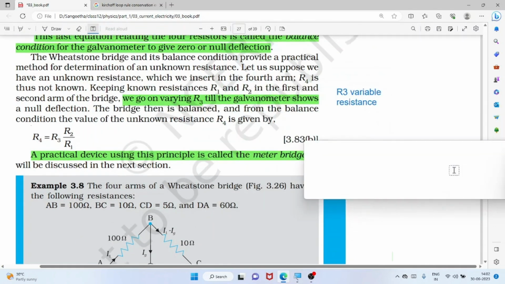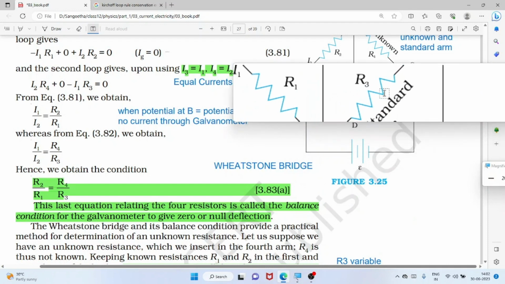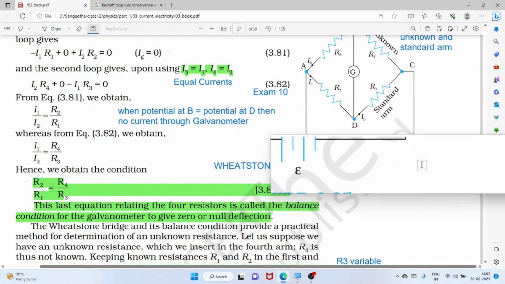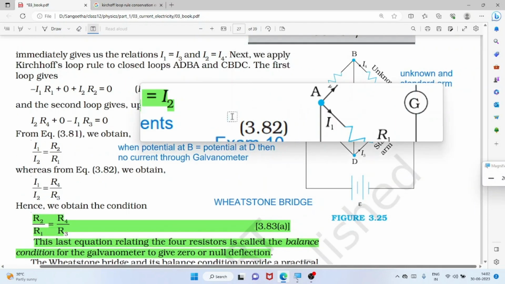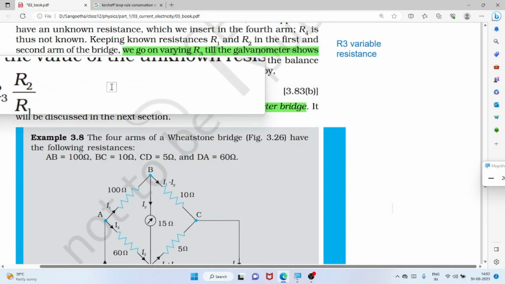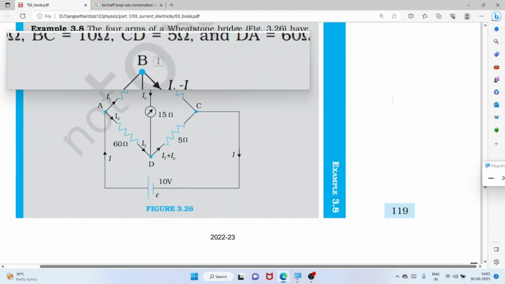So R3 is the variable resistance here. This is what we vary till we get a zero here. That is how we will find the unknown resistance. This is the final equation.